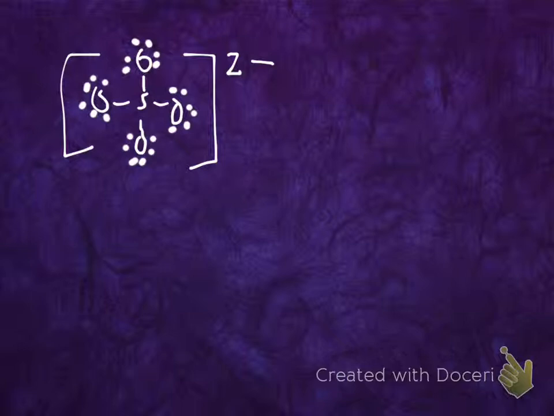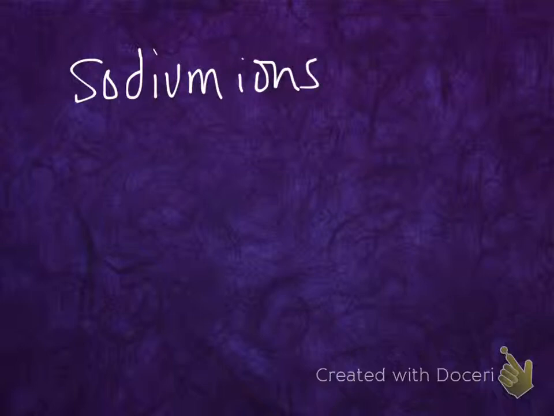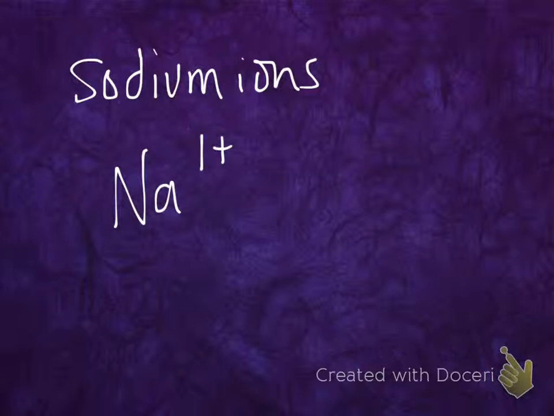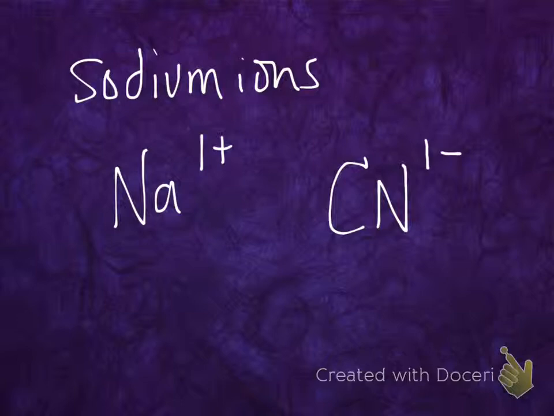So if I tell you that I have a bunch of sodium ions, that would be Na 1 plus, and I have, let's see, this ion. This is a polyatomic ion. CN has a 1 minus charge. CN is called the cyanide ion.